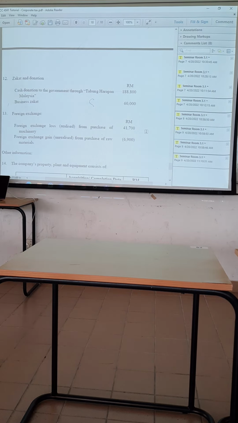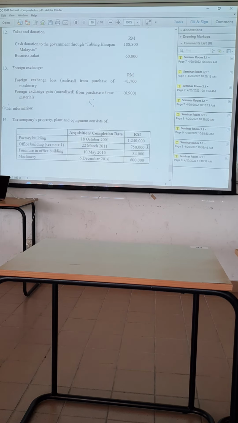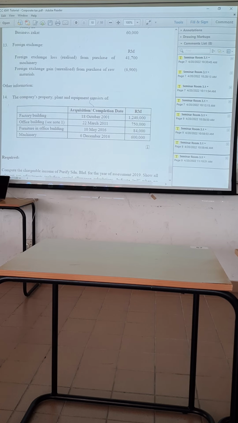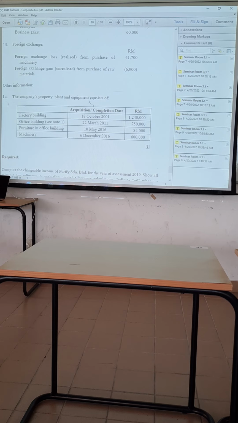Other information: you have all the assets for which you have to compute the capital allowance. Capital allowance 2001 means the factory building only gets annual allowance. Office building, note number 1, is related to your business, so you can claim capital allowance on it, but only annual allowance at 3%, because it was purchased in 2011.